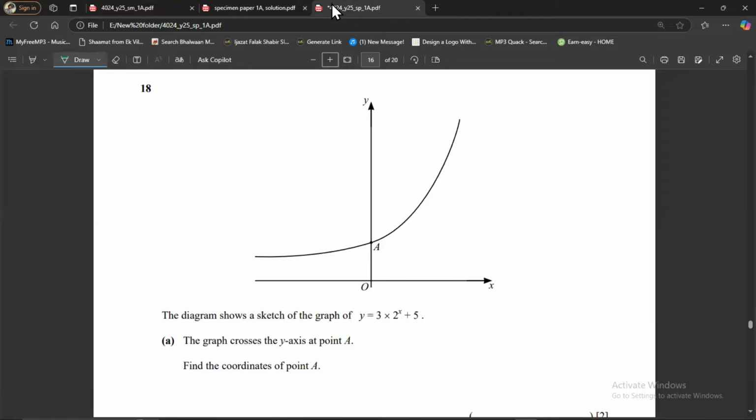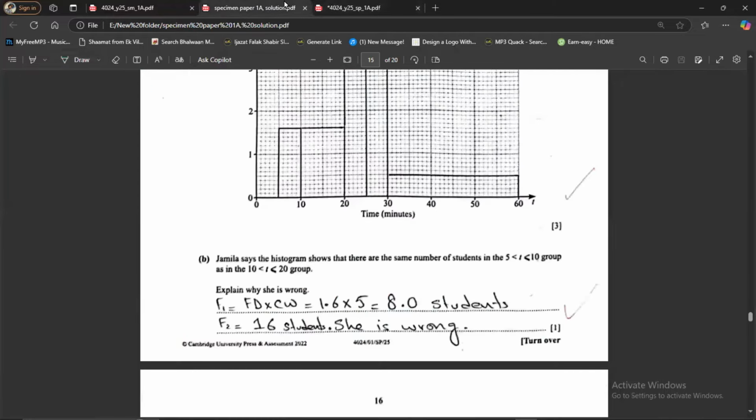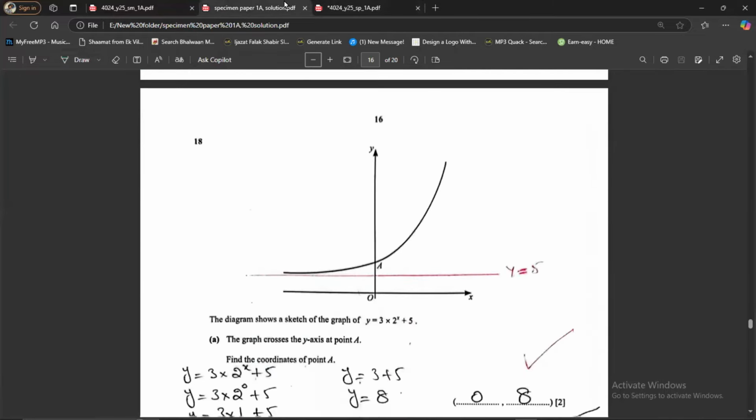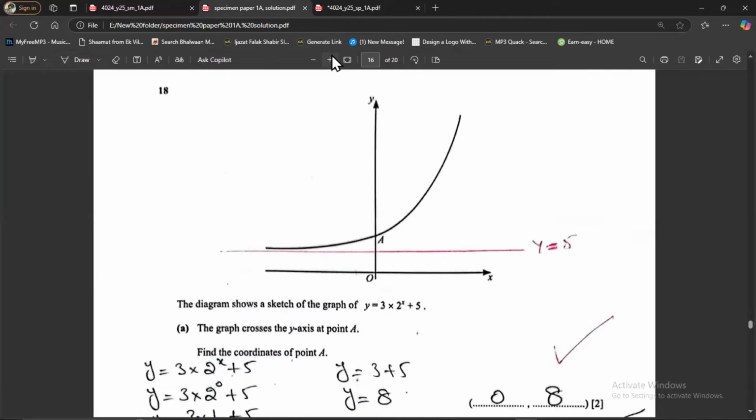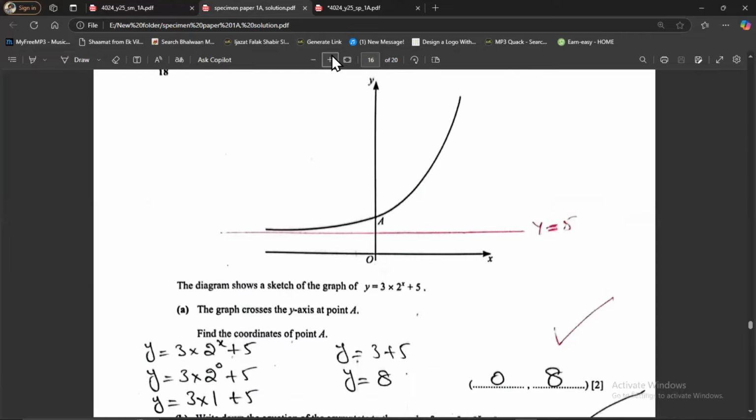So when you cut the y-axis, the x value should be 0. So in the place of this x, I will put 0 and I will be able to find out the y value. When your graph cuts the y-axis, the x is 0.